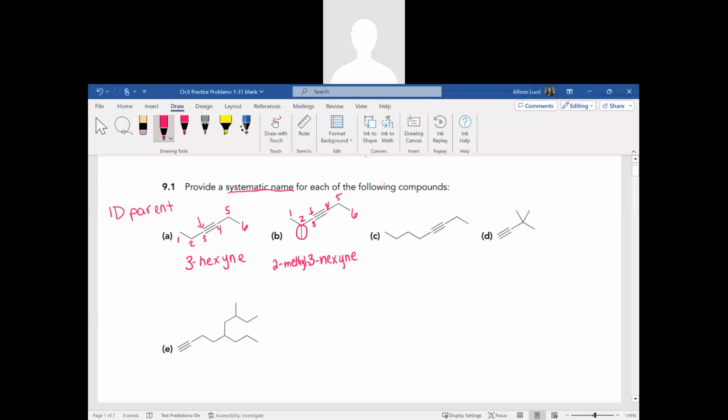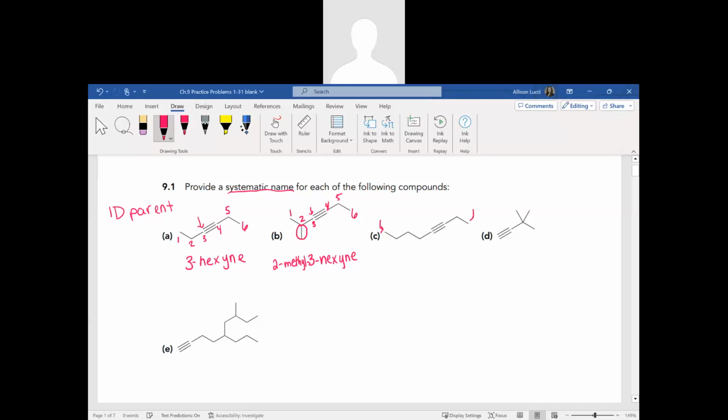Next, we have molecule C here. If we start numbering from this end over here, we would see 1, 2, 3, 4, 5 to the triple bond. This would be a 5-octyne because there are 8 total carbons in the longest chain. But we want this locant for our triple bond to be the lowest possible, just like when we number our substituents, they have to be the lowest locants possible.